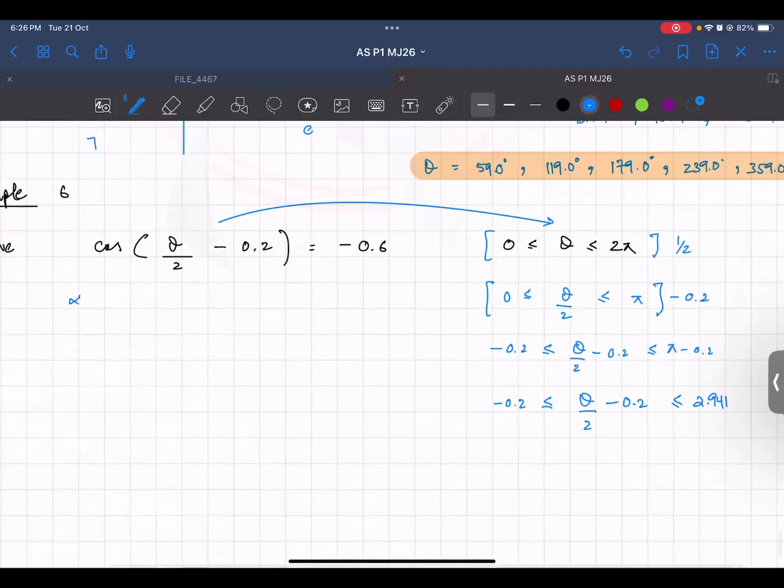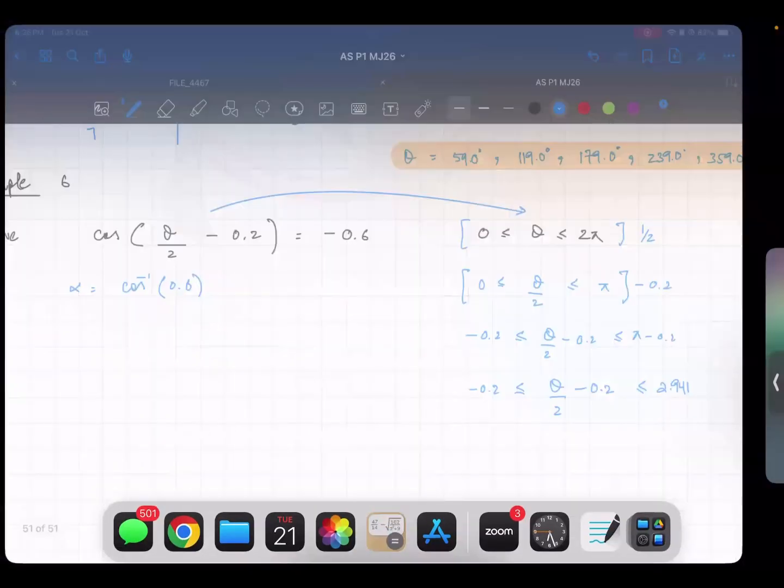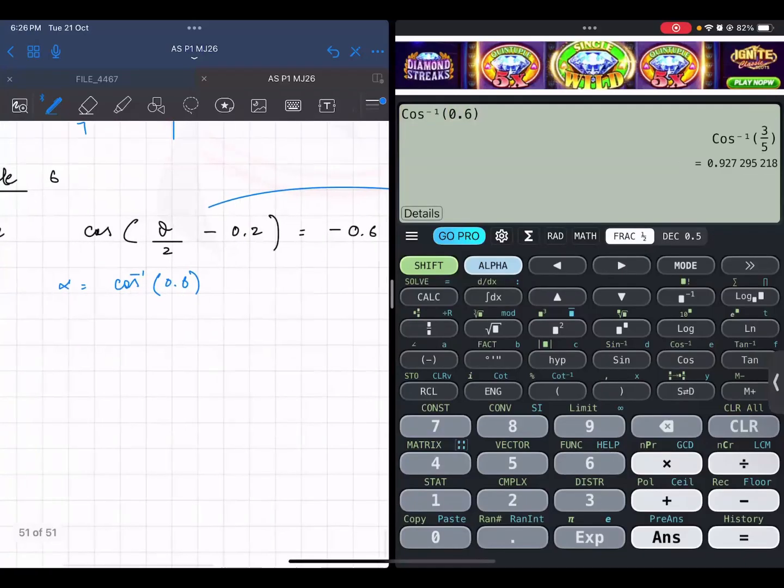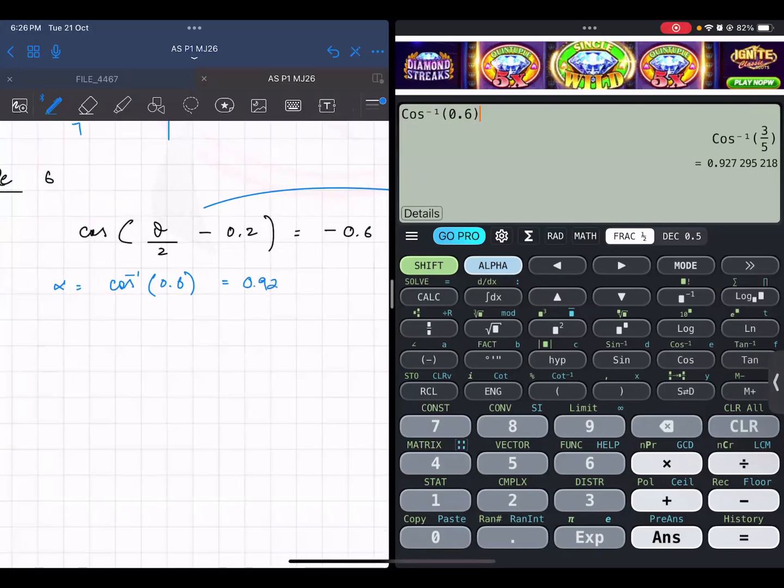So first of all, find alpha. So cos inverse of positive 0.6. You don't take the negative sign. Convert into radian mode. Cos inverse 0.6 is 0.927 radian. And now this is negative, so you would place it in the quadrants where cos is negative. Cos is negative in the second and the third.